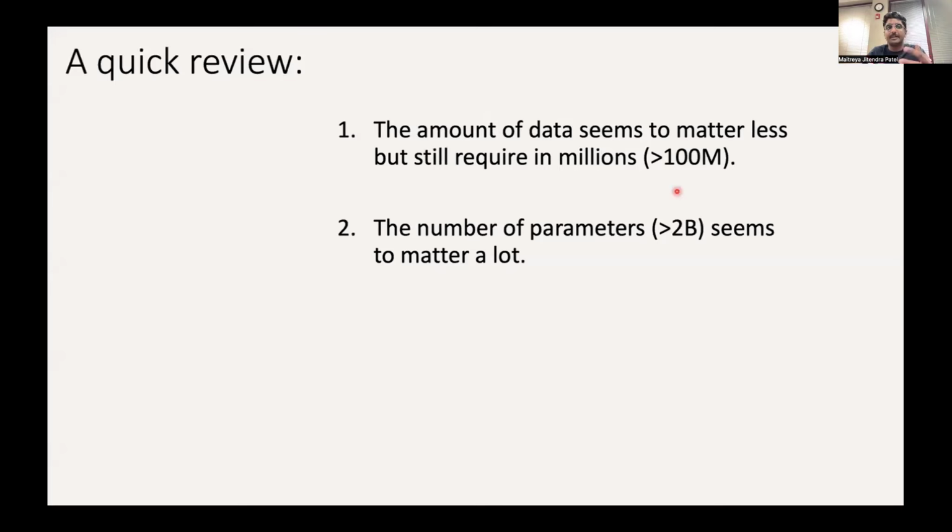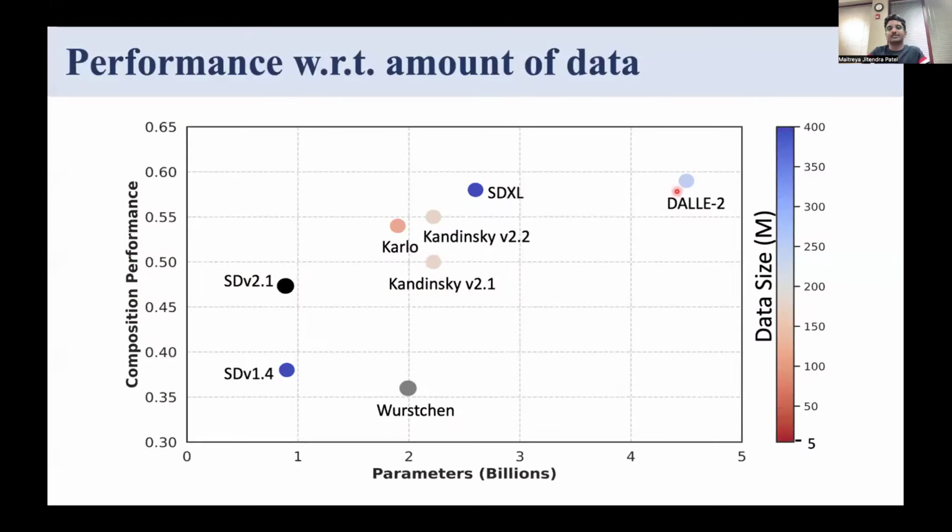Overall, we find two interesting insights. The amount of data seems to matter less, but we still require hundreds of millions of image-text pairs to train these models. And looking more closely, all of these models have at least 2 billion parameters. Nowadays we are getting DALL-E 3, which is 7 billion parameters, and Kandinsky version 3, which is also 7 to 8 billion parameters.